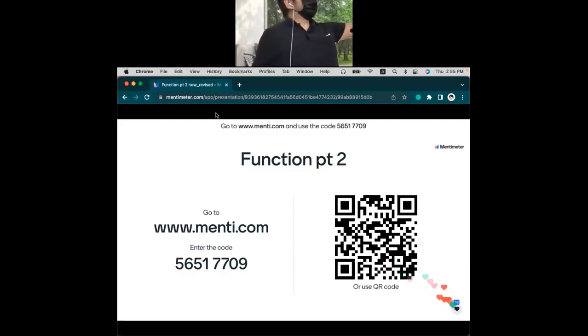If you have trouble scanning the QR code, you can just go to the website and enter the code.